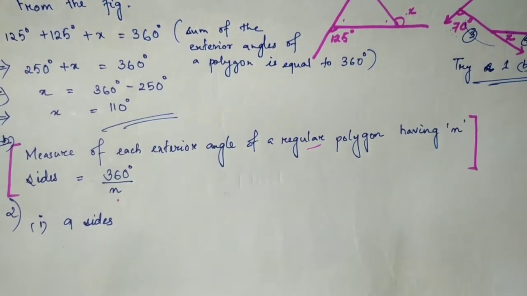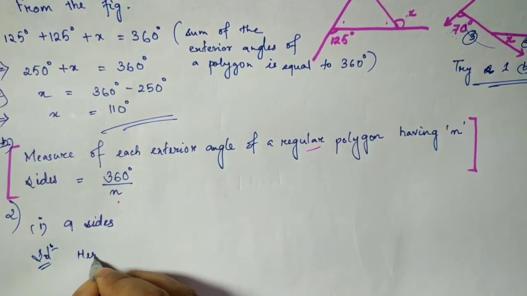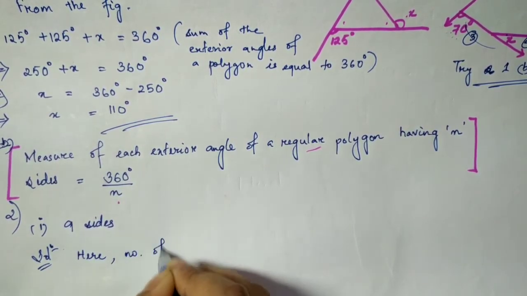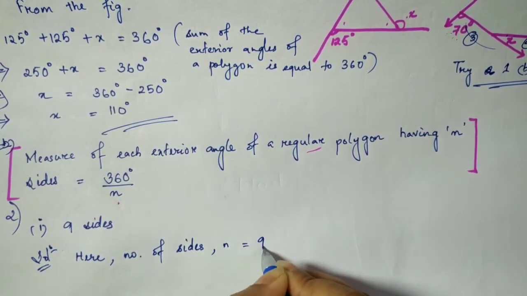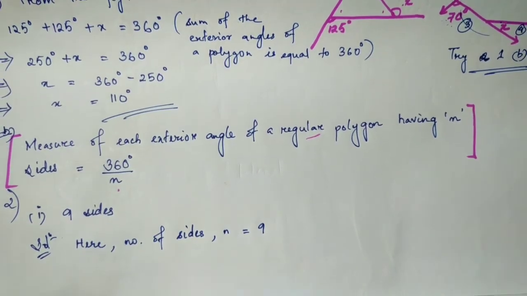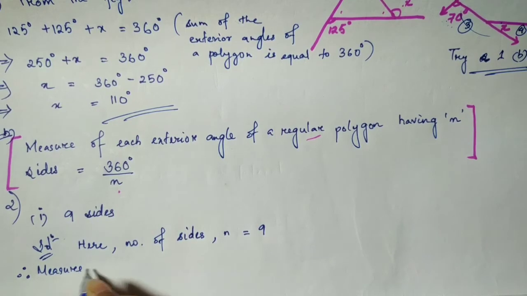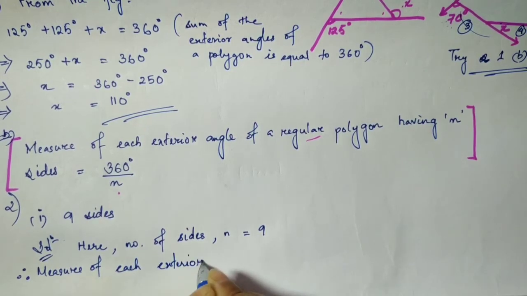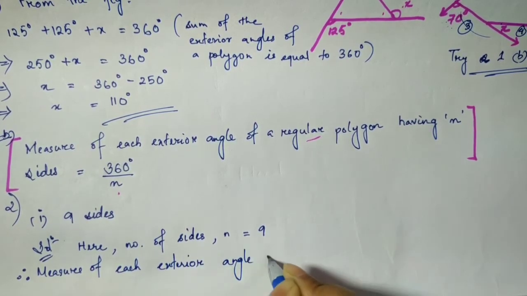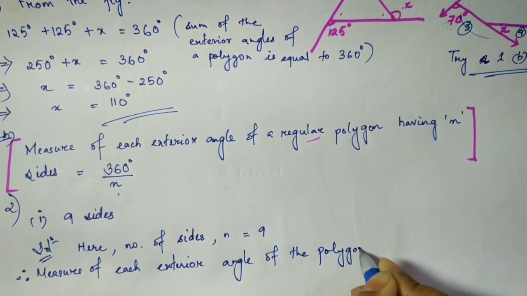So how will you do the solution here? See, please write a proper statement. Here, number of sides, comma, n is equal to 9, right? So what do we need to find? Therefore, measure of each exterior angle, or it's also called external angle, of the regular polygon having how many sides?